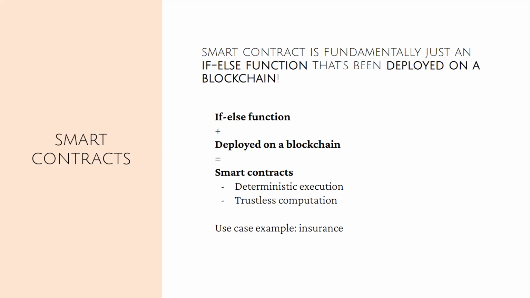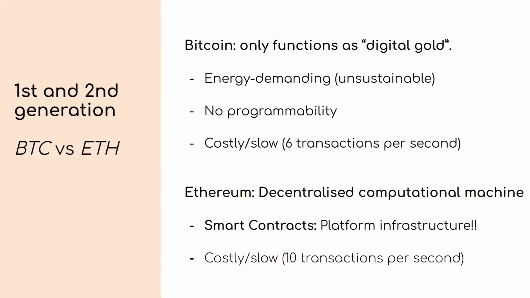One of the good things about such a network is, first of all, it's deterministic. When you do something, it will happen through the chain. And it's trustless because you trust the code, not a central organization. One of the bad things about Bitcoin is, first of all, it's energy demanding.